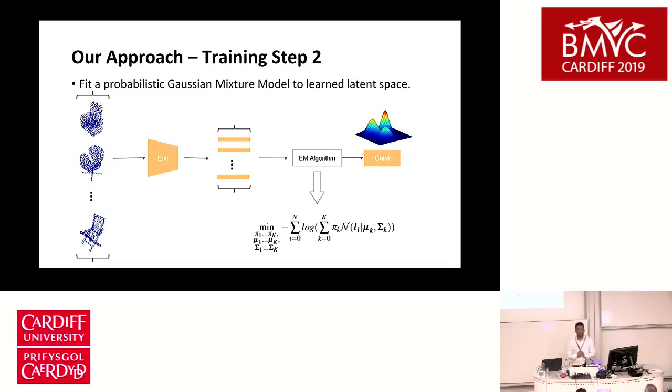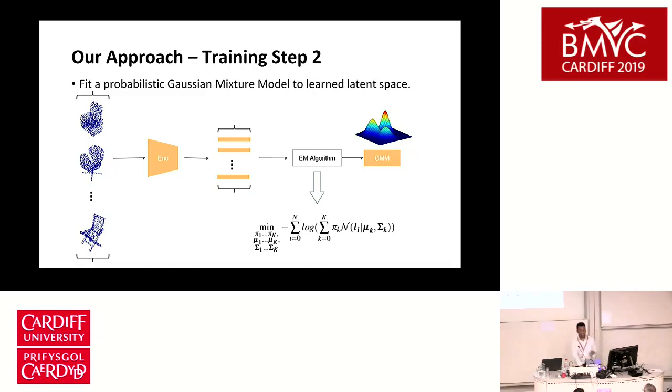And then we fit a mixture of Gaussians to these latent codes. So typically for an object class like chair, 5 mixture components are sufficient in our opinion. And we use the EM algorithm to estimate the mean and the variance of our Gaussian mixture model. What this gives you is that if you ask a question that here is a latent location of, say, a 256-dimensional vector, what is the likelihood that if I use my decoder function, I am going to generate something which is a likely object shape, which is more chair-like.